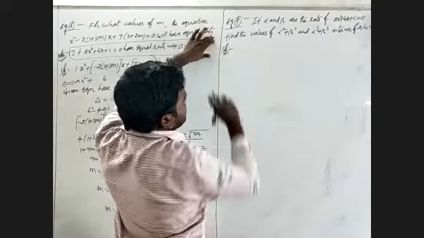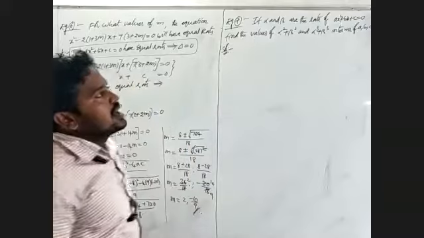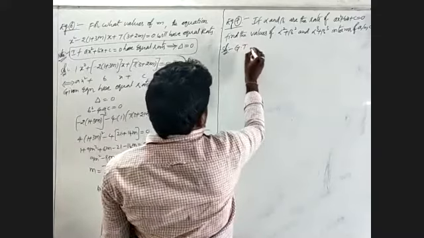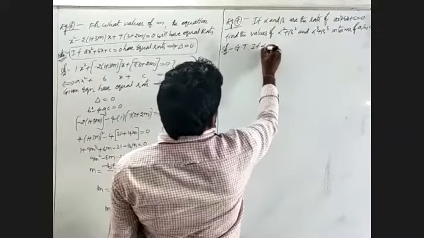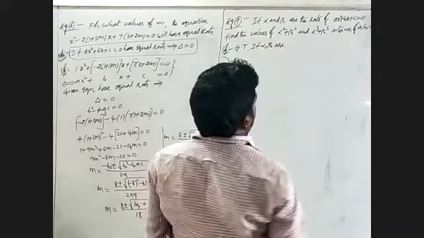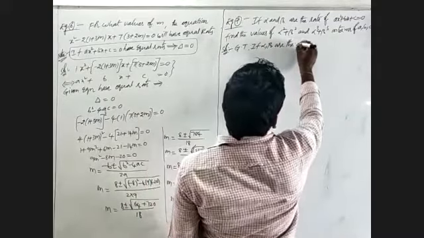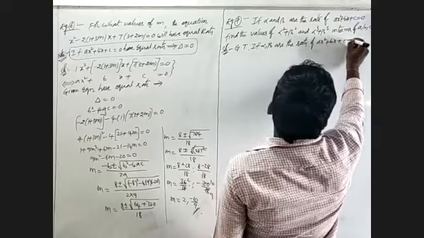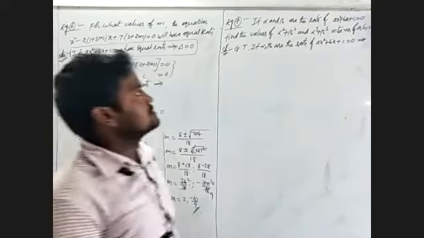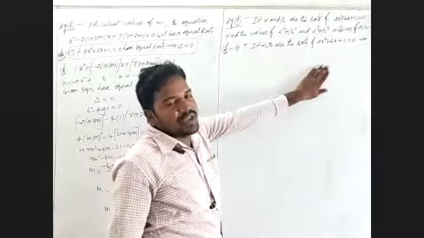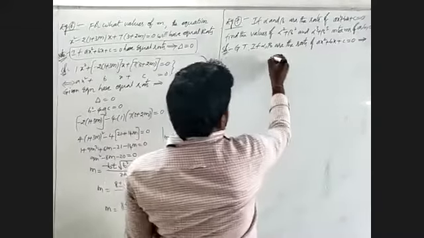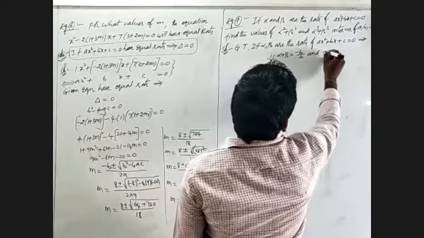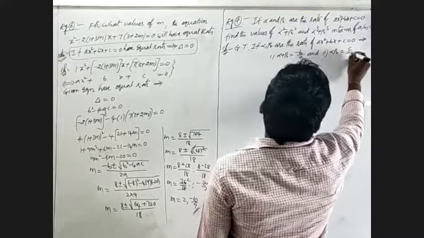What I am giving in this one: if alpha, beta are the roots of ax square plus bx plus c equal to 0, given that alpha, beta are the roots of ax square plus bx plus c equal to 0, here we'll write their sum of zeros alpha plus beta is equal to minus b by a, and their product of zeros alpha beta is equal to c by a.